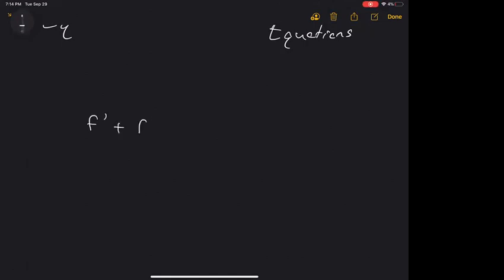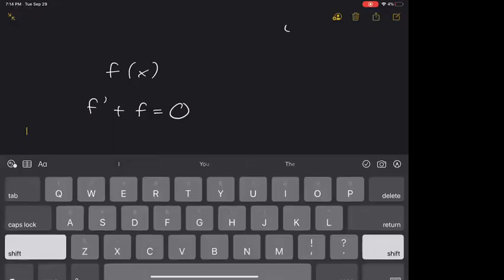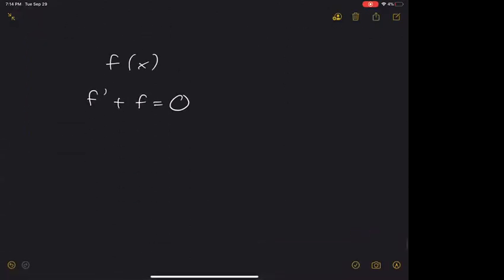Let's say I'm told that f prime plus f is equal to 0, and I'm not told exactly what f is. I'm just working with a function of a single variable, and I'm told this equation is always true for this particular function f. ODEs is the branch of mathematics concerned with discovering what the exact form of f is. So if you were just told this, what do you think f is?